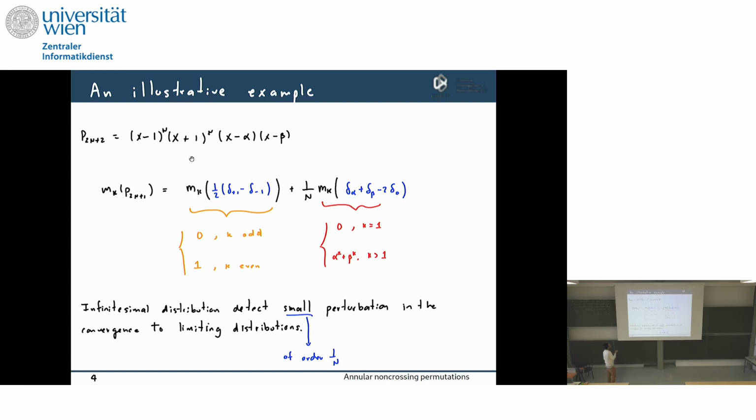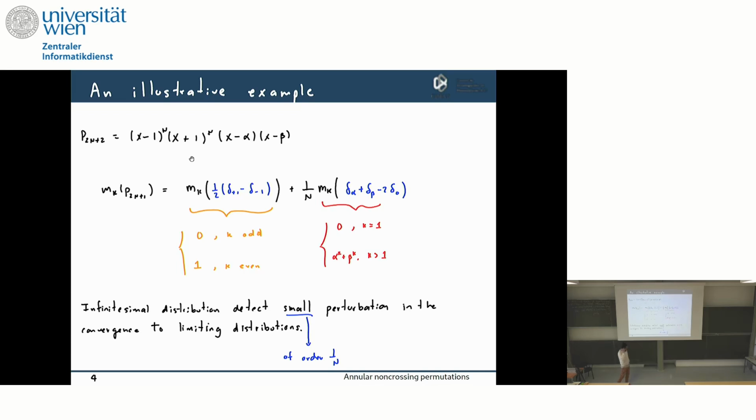We know that the roots are just plus and minus 1, and then add two additional roots. It turns out that for this, the limiting measure is just the symmetric Bernoulli at plus 1 and minus 1, and then the infinitesimal distribution is this discrete measure, delta alpha plus delta beta minus 2 times delta 0.